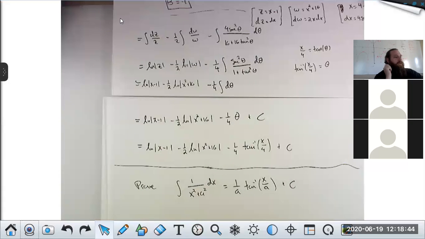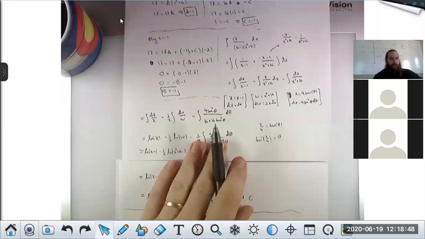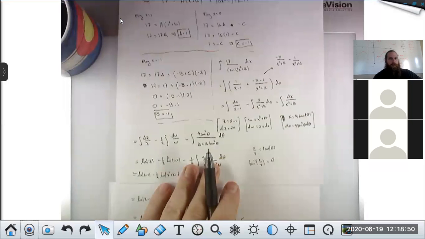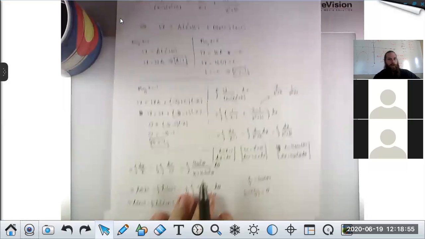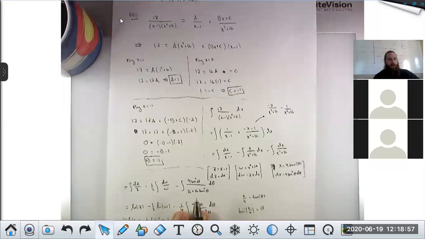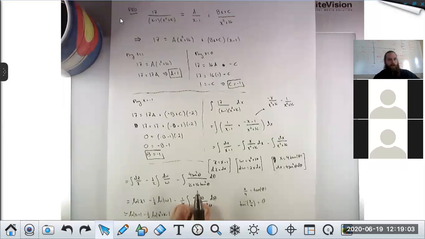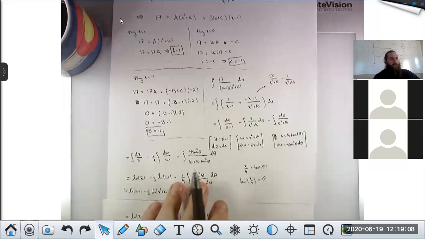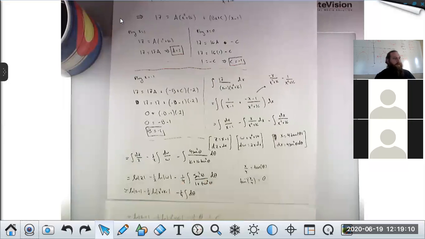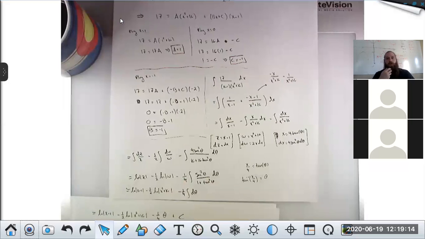Okay, any questions on this guy? The PFD or any of the integration? Yeah, finding the coefficients can be a little bit tricky here, because the Heaviside trick doesn't do everything for you, you need to do something else.